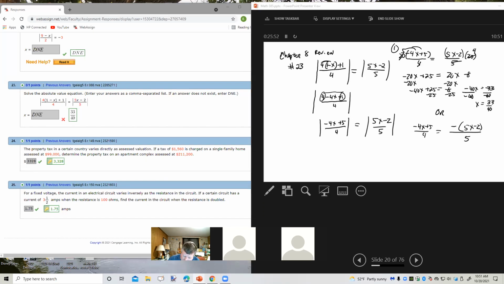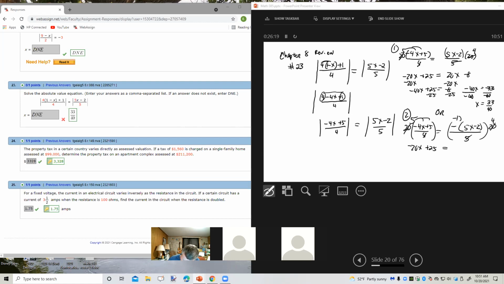Now, let's take a look at this second equation. Again, we'll multiply both sides by the LCD, which is 20. 20 over 4 is a 5. So I get negative 20x plus 25. 20 over 5 is a 4. So I've got 4 times negative 1 times 5x minus 2, okay?